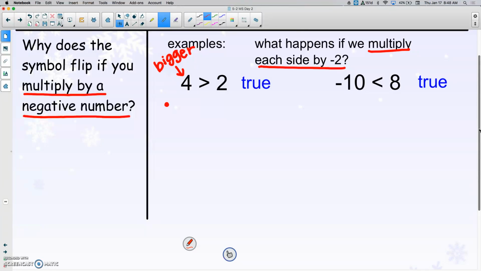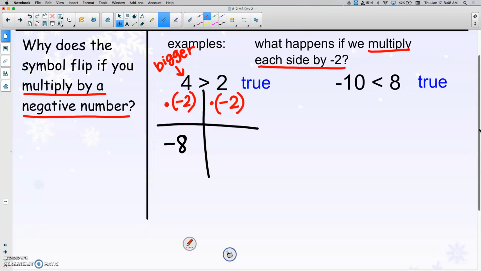We're multiplying by -2. 4 times -2 is -8. 2 times -2 is -4. Because -4 is closer to 0, it is bigger than -8.